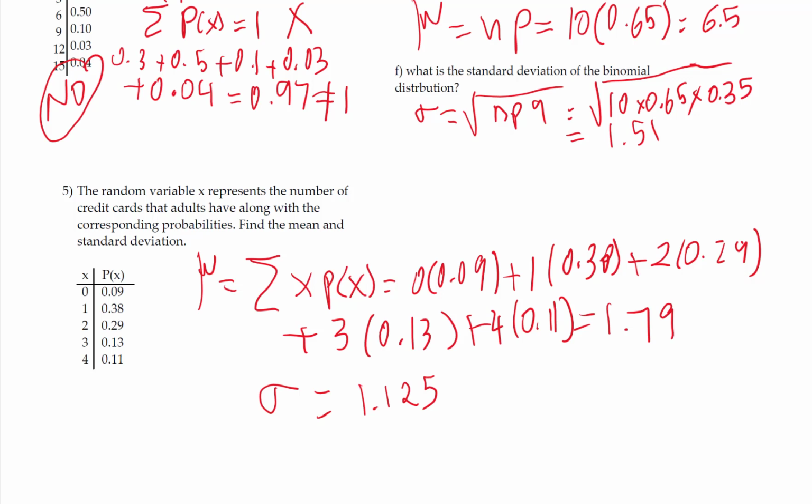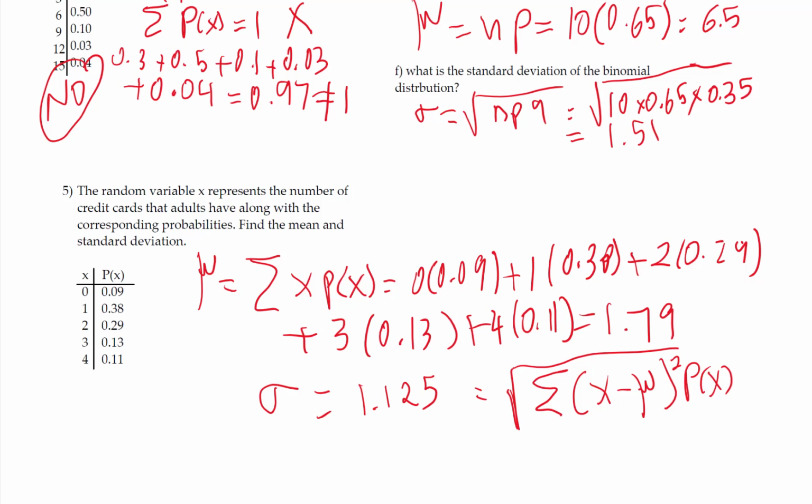Otherwise, if you want to use the formula for the standard deviation, it is the square root of the sum of x minus mean squared times p of x. So this is what you have to do if you are to do it by hand.